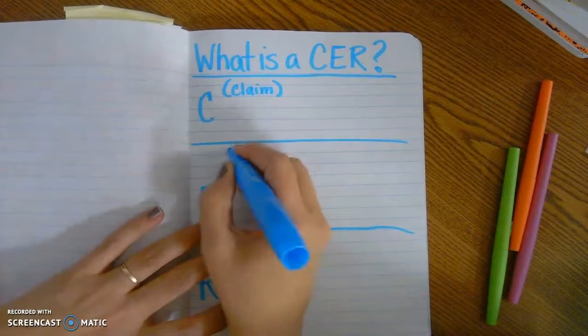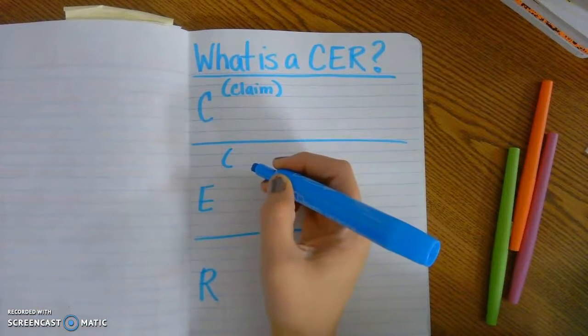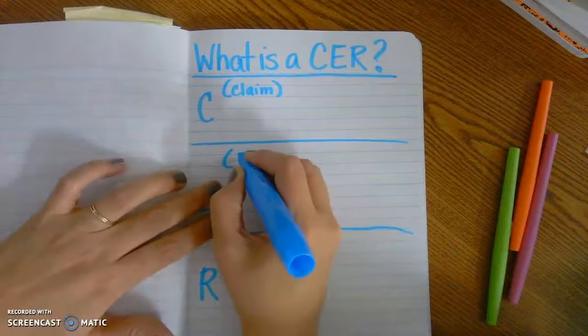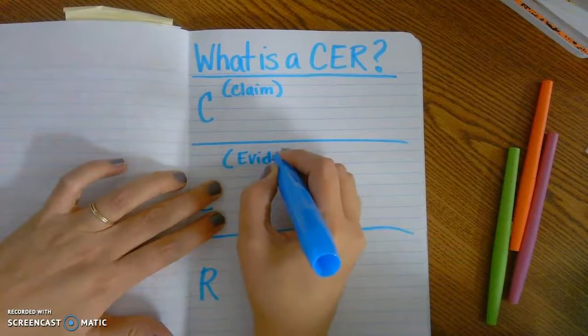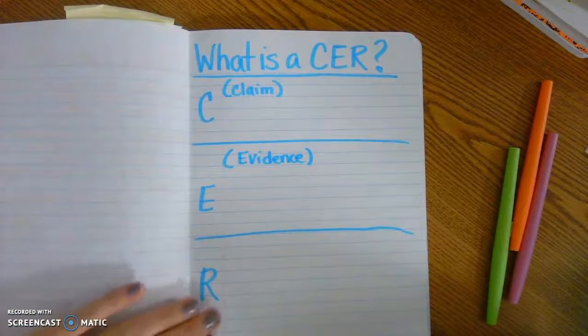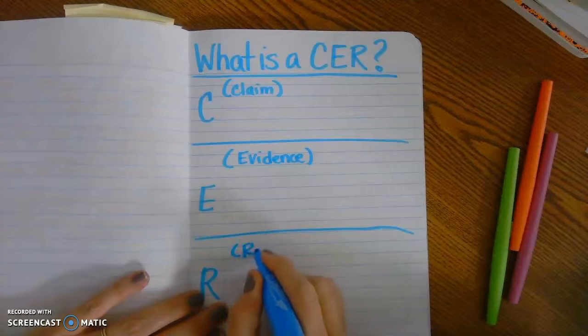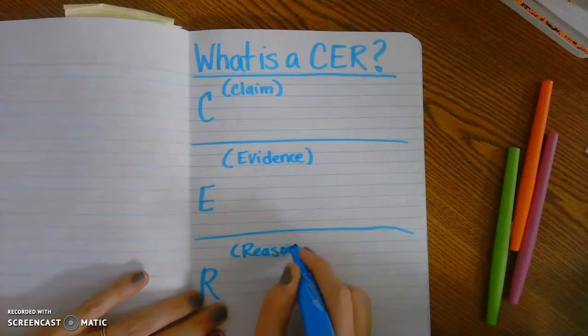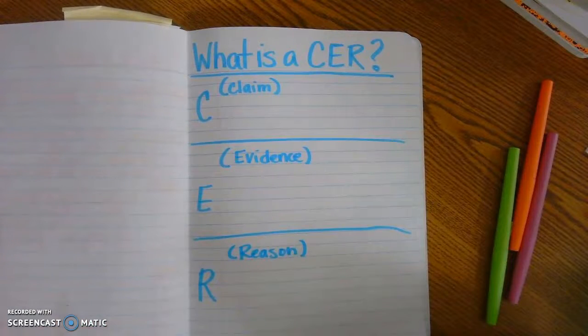The E stands for evidence. And the R stands for reason. Alright, so going back up to the claim.